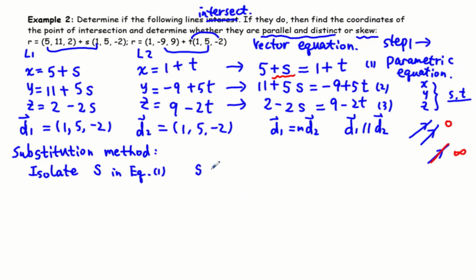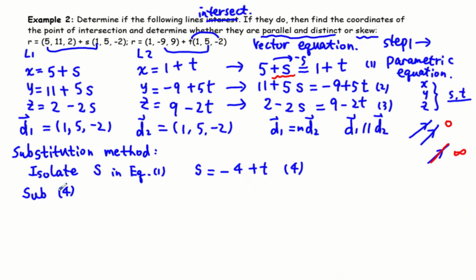Then we have s equals 5, move to other side is negative 5. So we have negative 4 plus t. We call this equation 4. Then we can sub this one into another equation. We substitute twice for substitution method.